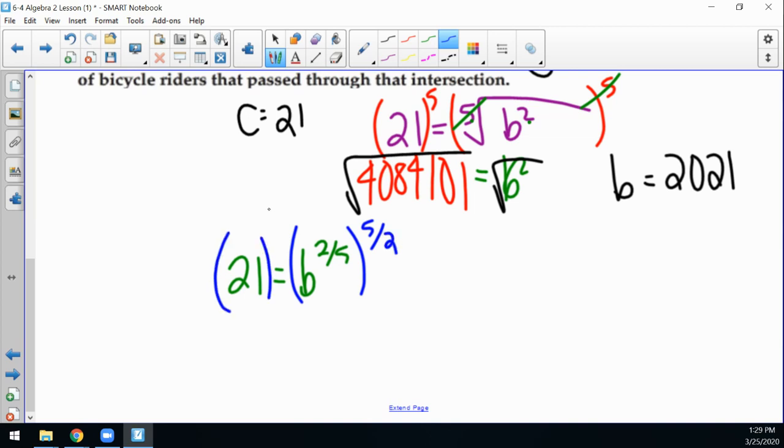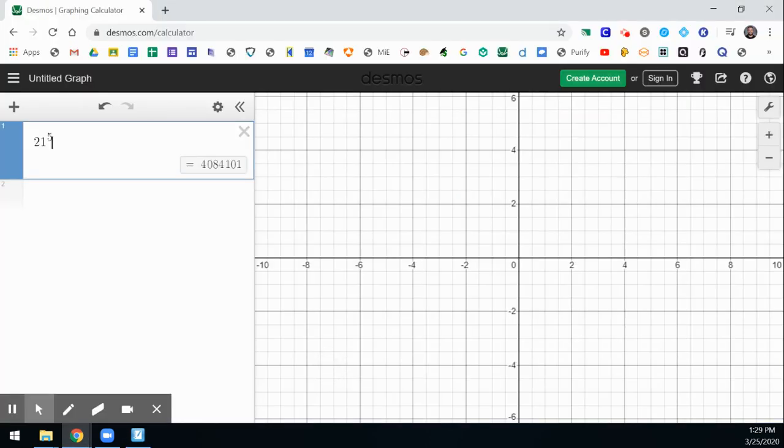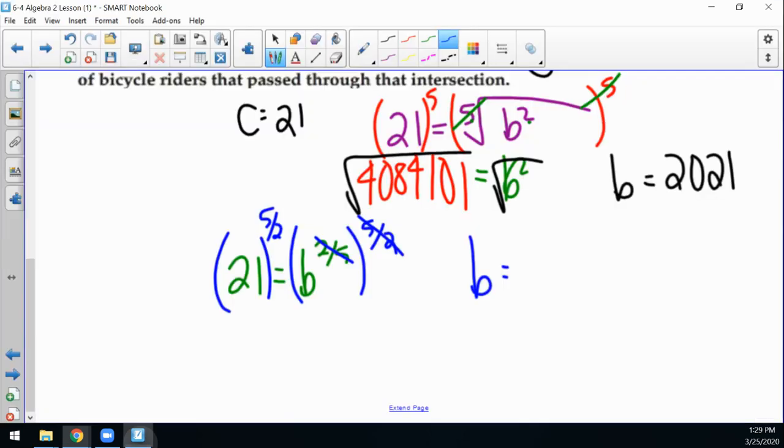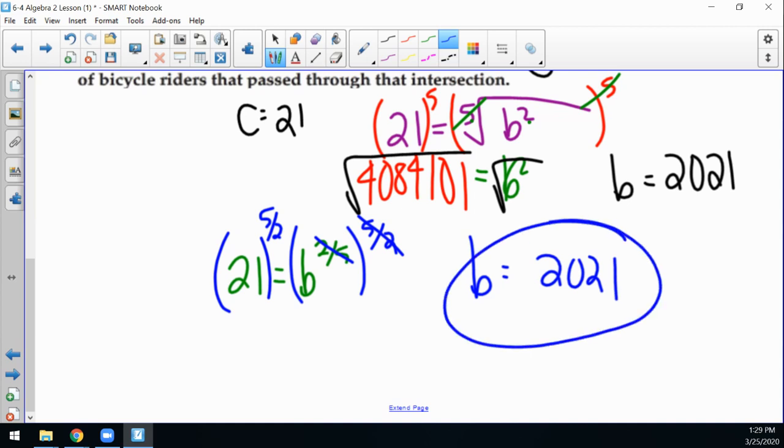So 2/5 and 5/2 turns into b to the 1 power. And so I get b is equal to 21 to the 5/2 power. If you check it, in fact, we'll check it on decimals, 21 to the 5/2 power is again 2021. So it doesn't matter which way you do it, both of them are going to give us the same answer.